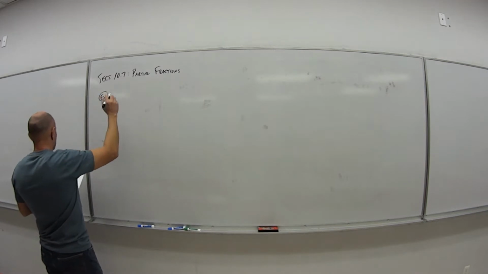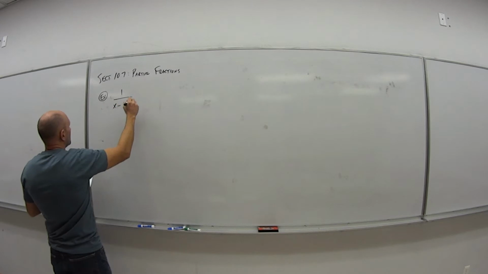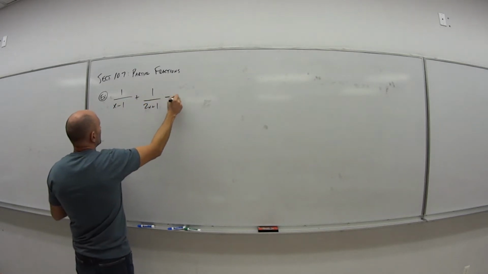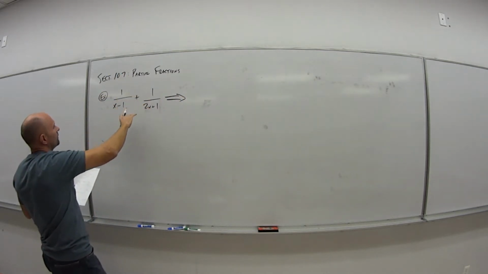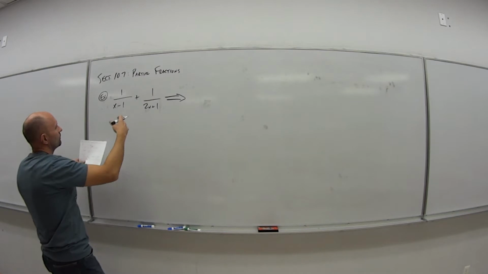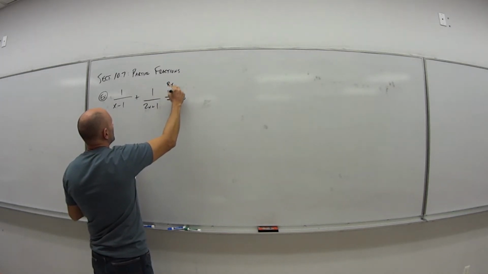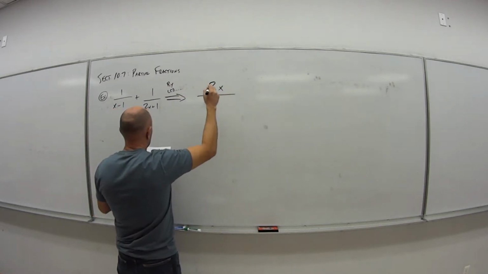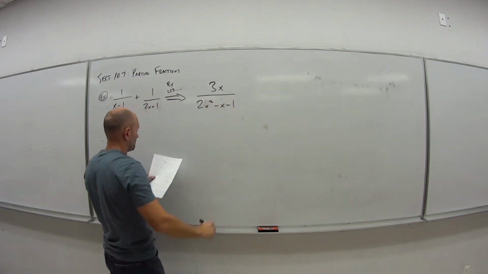Up until this point, we had 1 over x minus 1 plus 1 over 2x plus 1. By finding the LCD, multiplying numerator and denominator to get common denominators, and combining all the terms, this would be combined into 3x over 2x squared minus x minus 1.